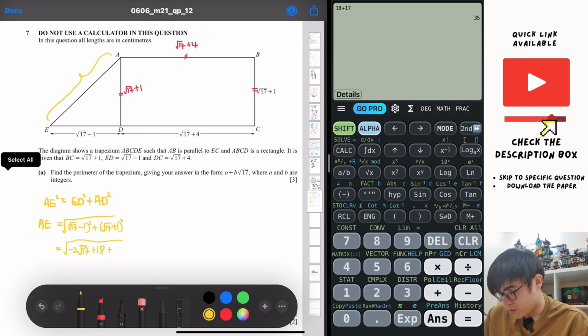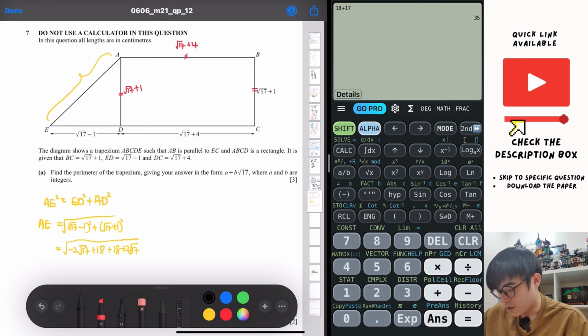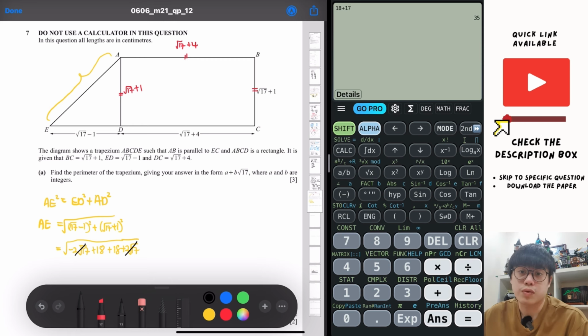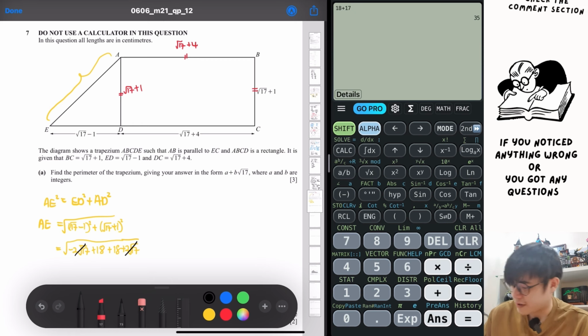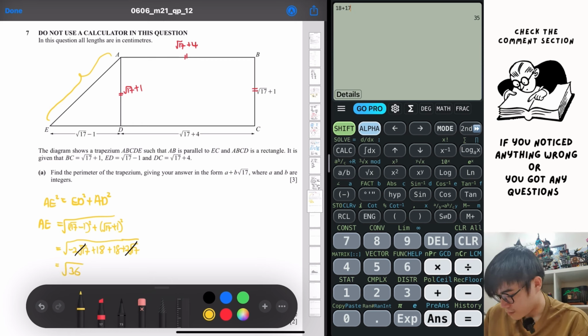As for the other one, it will be 18 plus 2 square root 17. If this is the result, these two will be cancelled and you get your final answers. With this, we can now proceed and add everything up.